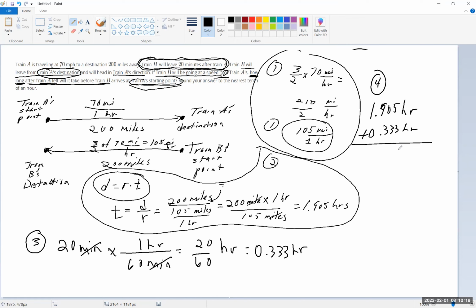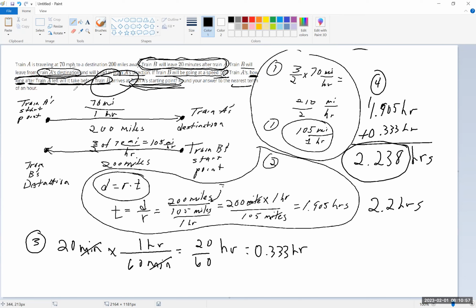And that gives me 2.238 hours. And it wants you to answer to the nearest tenth, so we can round that off to 2.2 hours. That's how long after train A left that train B arrives at train A.